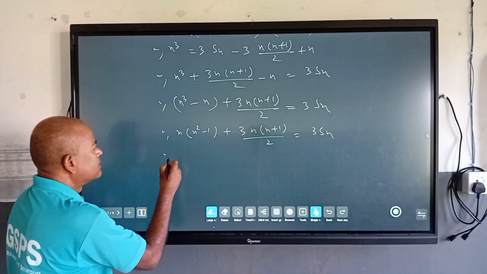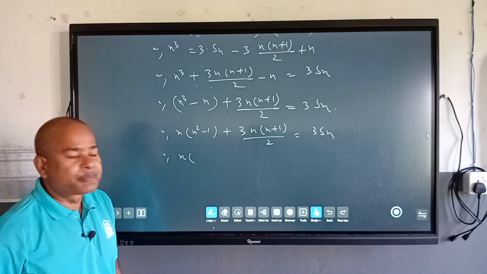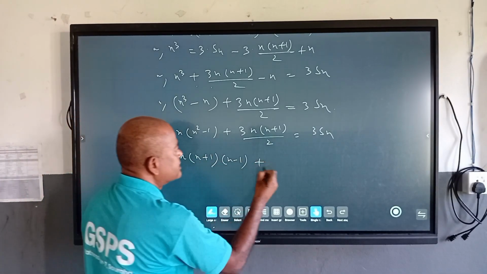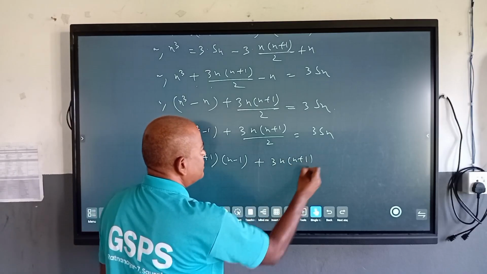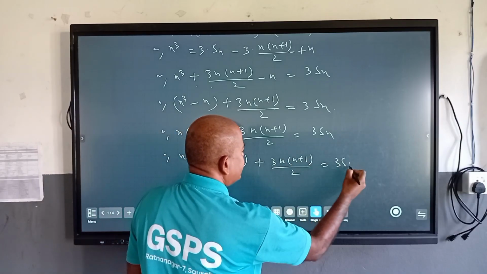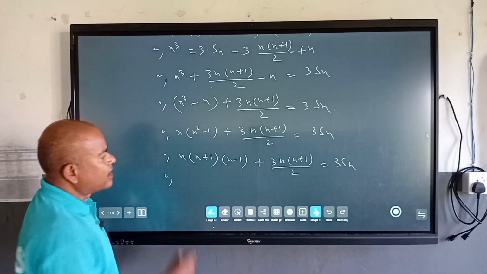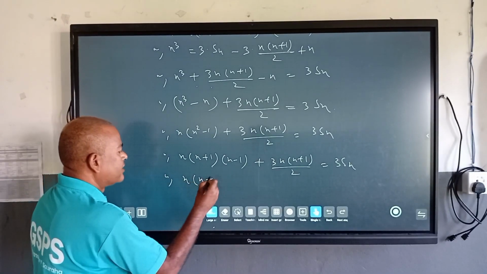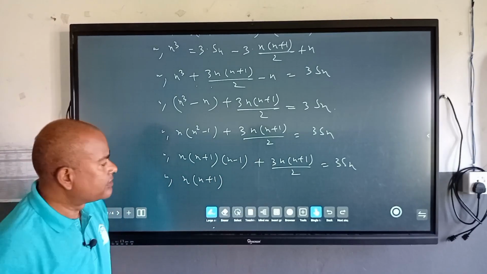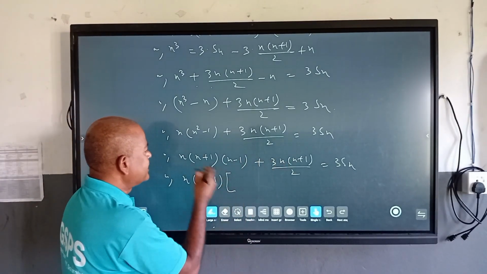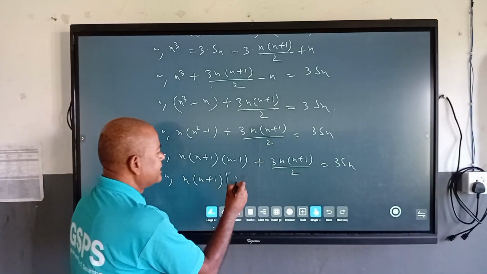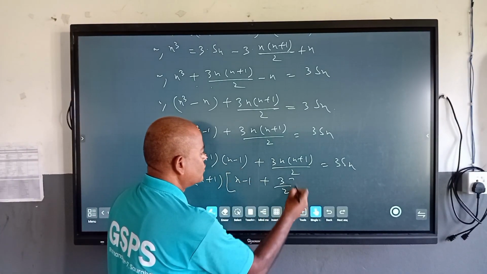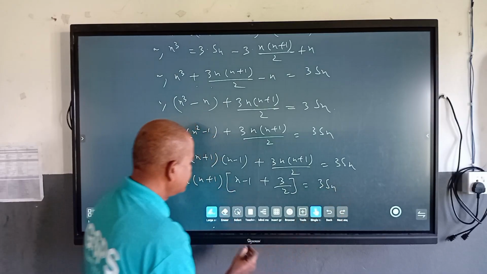Dear students, now we know that a square minus b square is equal to (a plus b)(a minus b), plus 3 times n times (n plus 1) over 2 equals 3Sn. Dear students, now we can take n plus 1 common from the first term and the second term. Then the remaining factors are (n minus 1) plus 3n over 2 equals 3Sn.